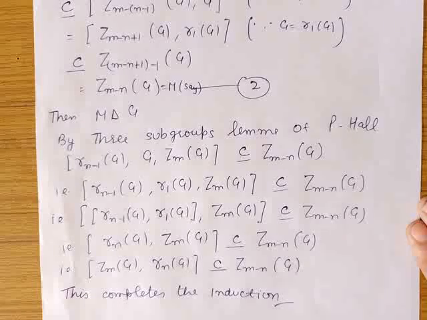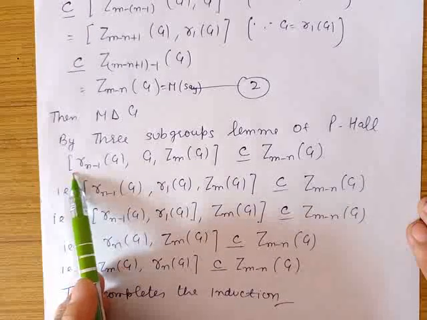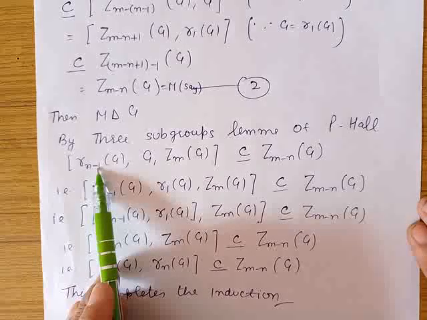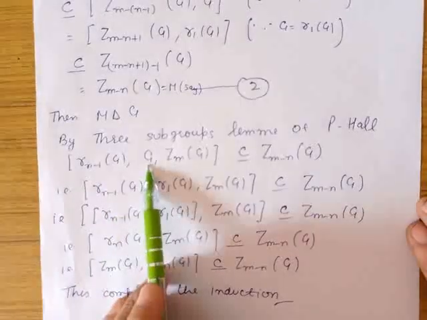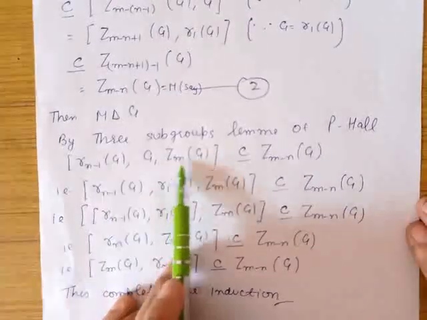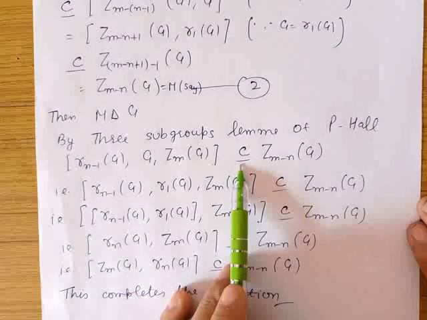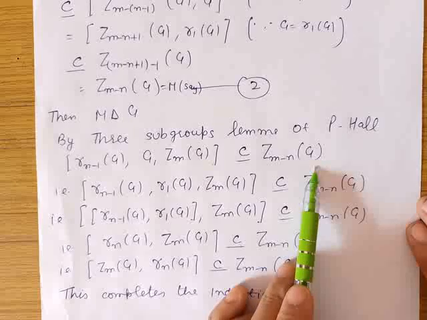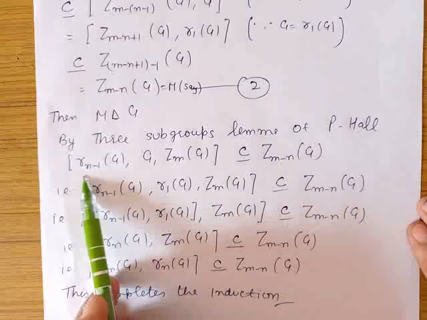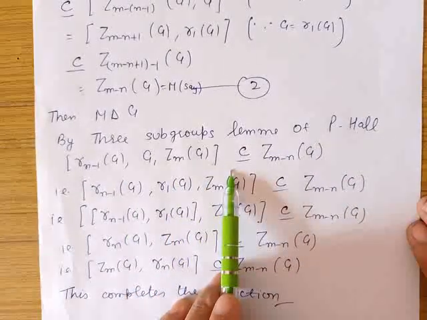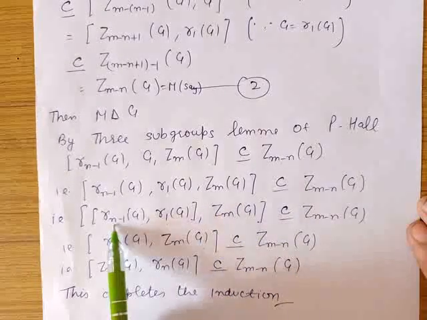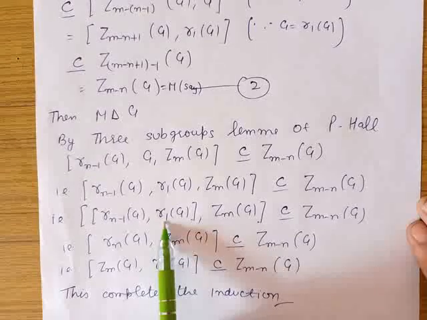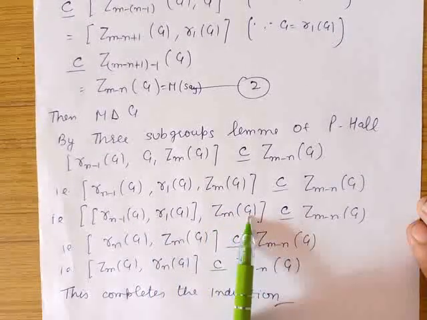So by that lemma, the commutator of gamma n minus 1 G, group G and ZmG, that is contained in Z m minus n G. Now this can further be written as the commutator of gamma n minus 1 G with gamma 1G, then its further commutator with ZmG.